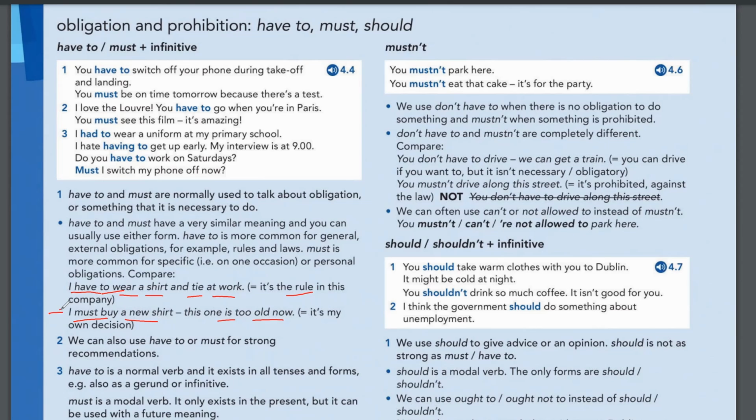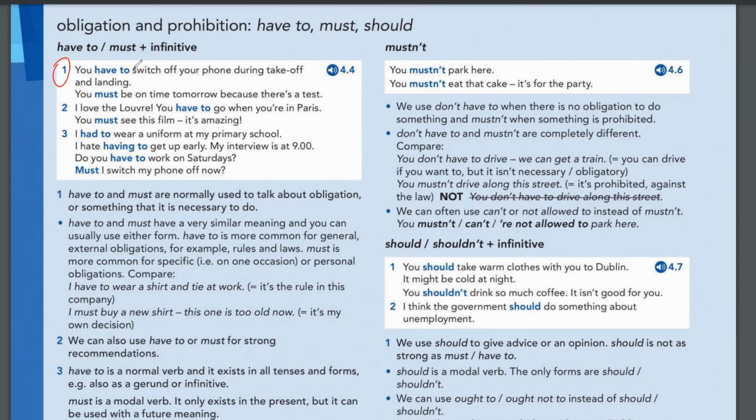No one would put a regulation or rule about buying a shirt. It is my own decision. Okay. So must we use for personal necessities, personal opinions about something necessary. But have to we use for general rules and regulations and laws.